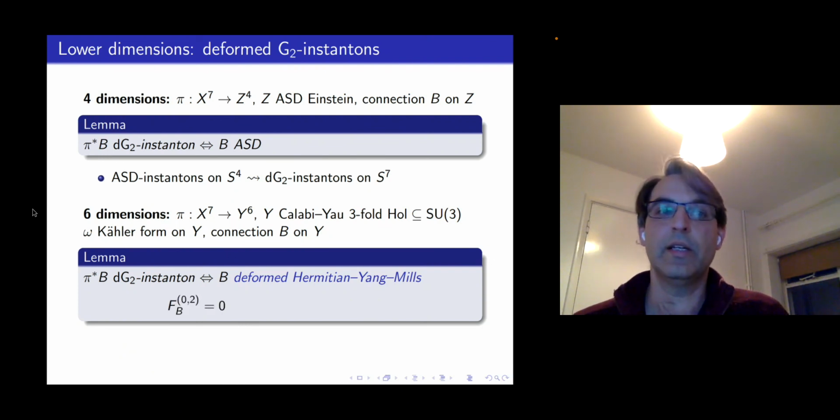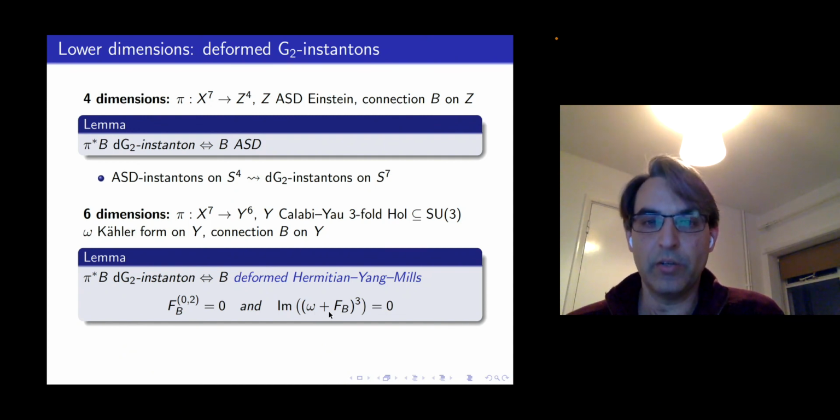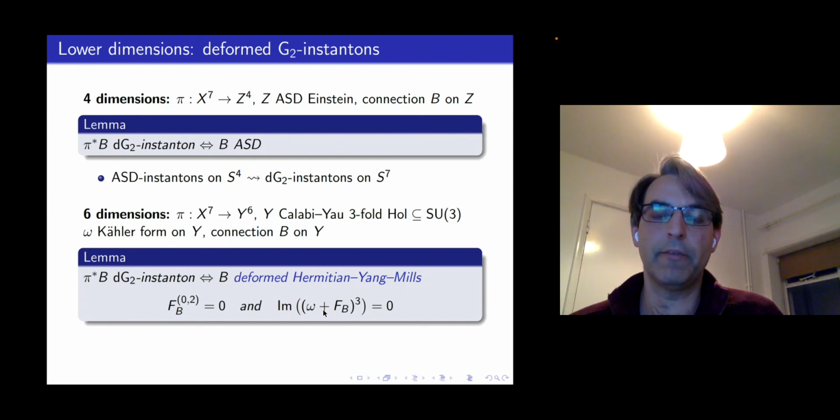It means that the 0,2 part of the curvature is 0, so that's exactly the same as the Hermitian-Yang-Mills condition, but the second equation is deformed. Now we ask for the imaginary part of omega plus FB cubed to be 0. So you see that we get the FB wedge omega squared term, because remember that F is imaginary valued, so you'll get that F wedge omega squared term, but you'll get another term from the cube of F.